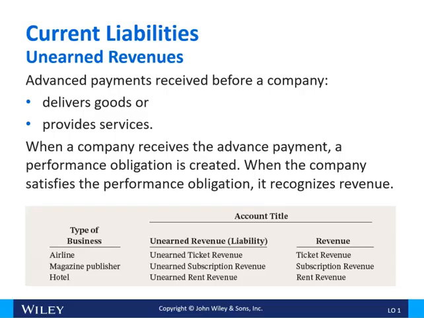Okay, so some examples of this are airline. Unearned ticket revenue is the liability. When they take the flight and the passenger is on that flight, they can recognize the ticket revenue then. Magazine publisher. If you subscribe to a magazine, a lot of times you pay in advance for a year, 6 months, something like that. That magazine publisher is going to have unearned subscription revenue because they're collecting the cash first.